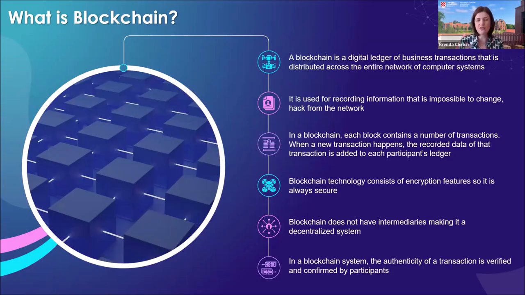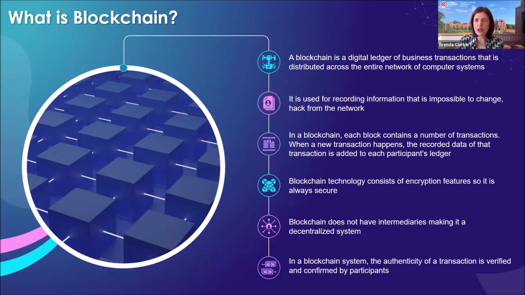There are a lot of different security features to a blockchain that we haven't maybe had sight of before with other technologies we're more familiar with. The data can take numerous forms, and there are numerous different use cases, which I'll share today, as to what type of data that might be and what it might look like. But it's a place to store data in a very, very secure manner.